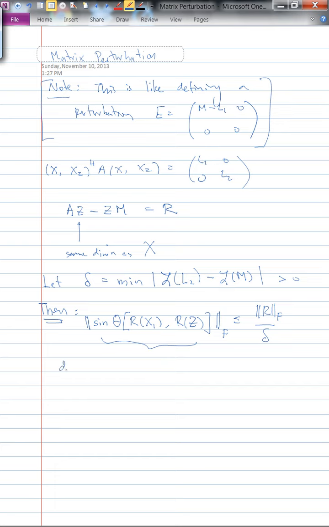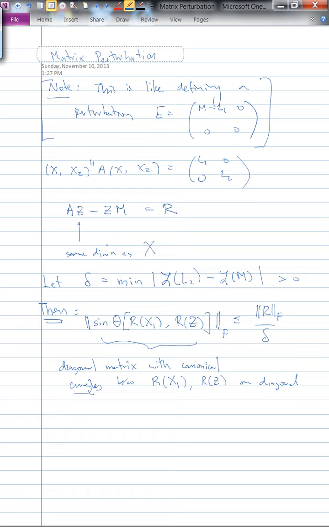This is a diagonal matrix with the canonical angles between the two subspaces, range of x1 and the range of Z, on the diagonal. So basically, all this really is the square root of the sum of squares of the sines of the canonical angles. And we have a bound on this.